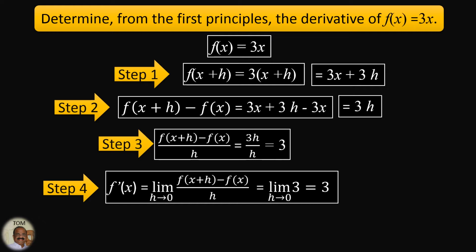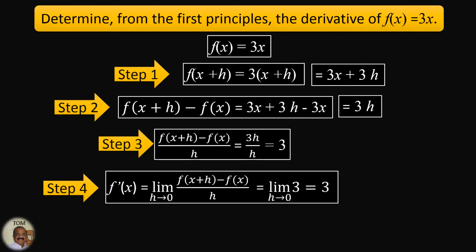We have to write this because we are finding the derivative using first principles. When you have a question with first principles method, you must write all these 4 steps very carefully. The step with the limit is most important.